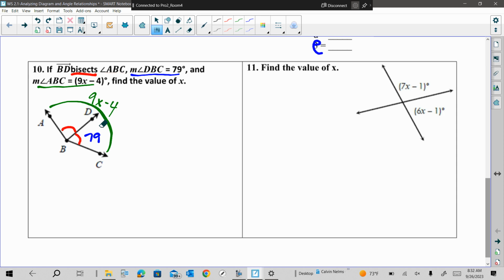Acute right here. Do you understand what bisects means? This is a key. What does that mean? What's happening here? Yeah, you have two congruent angles.